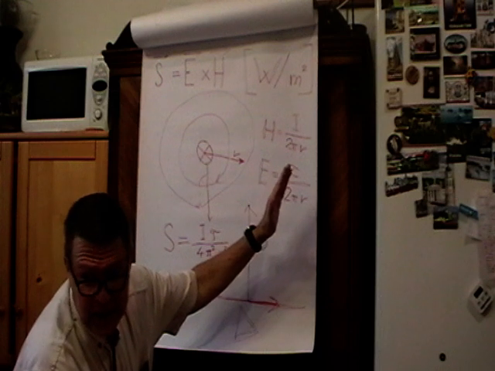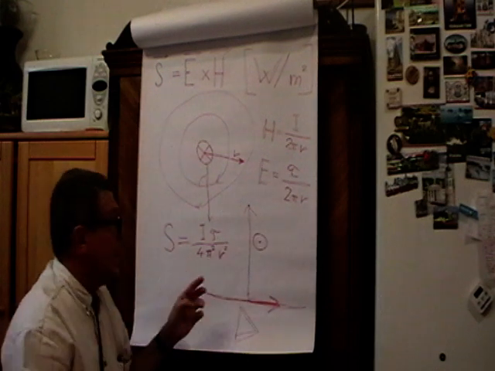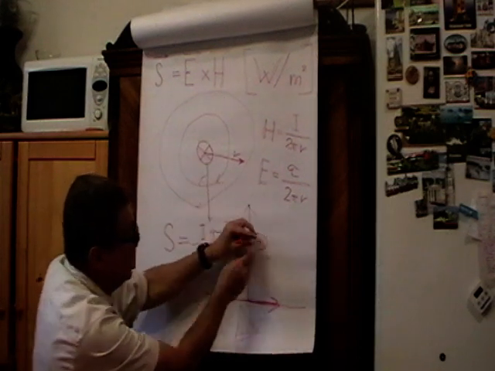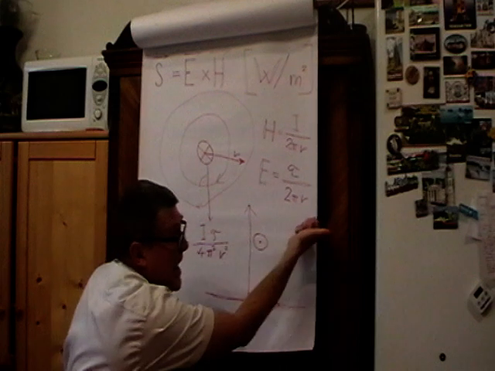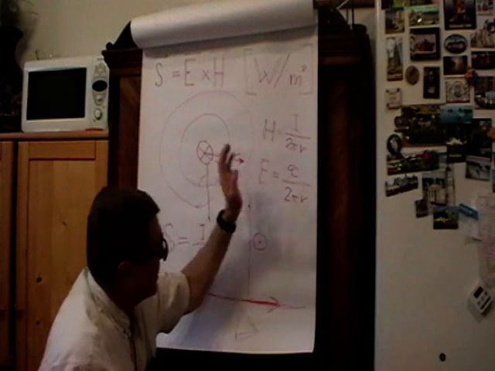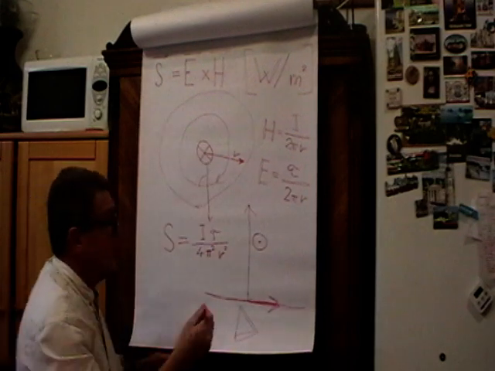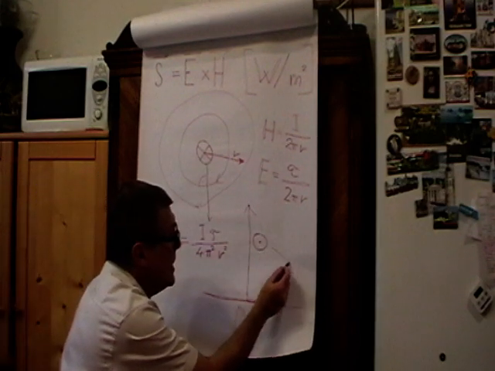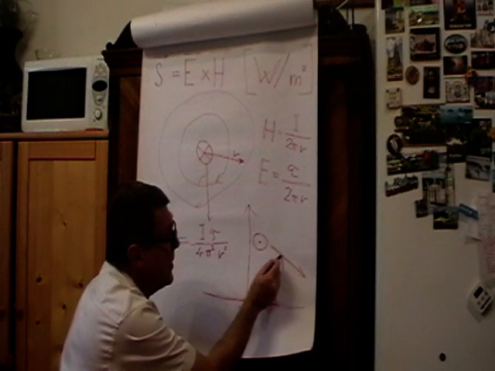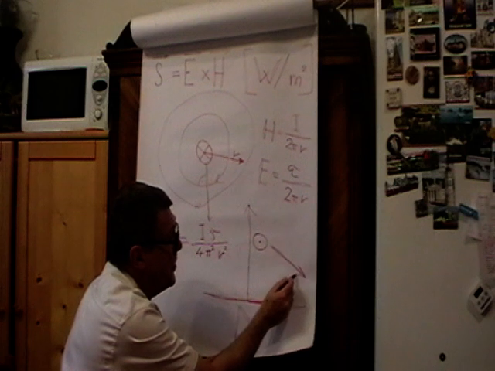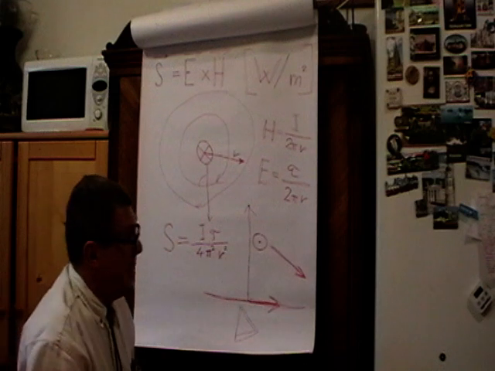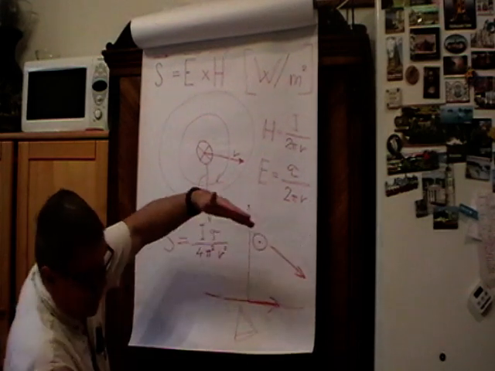Now, if that happened, it would mean that the Poynting vector that originally was E times H and was exactly along that transmission line would bend with the field. So now the Poynting vector points this way. And on the lower side it points that way.